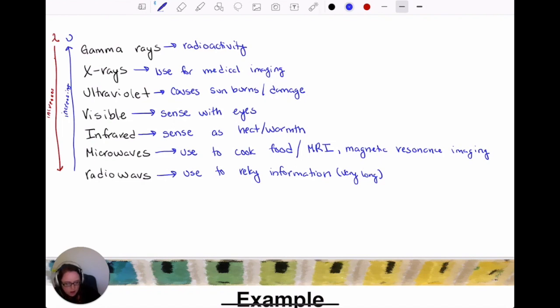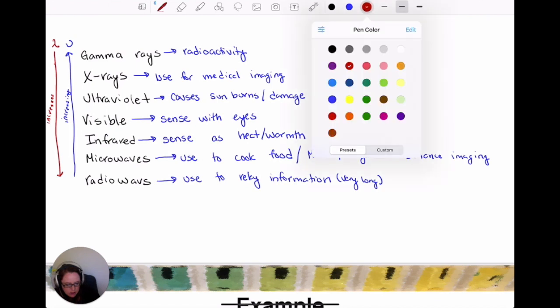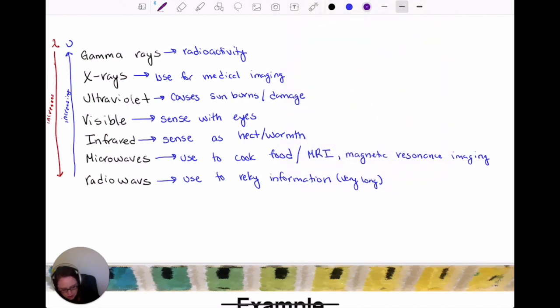The other thing that's changing here is the energy. Gamma rays have a higher energy than radio waves. So as the frequency increases, the energy also increases.